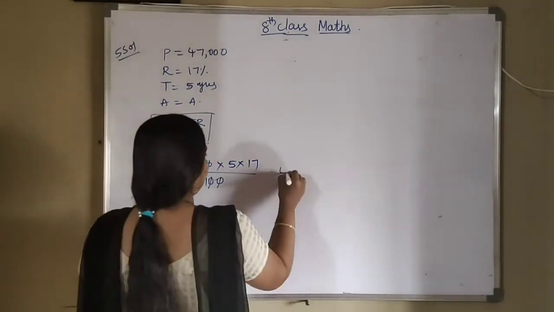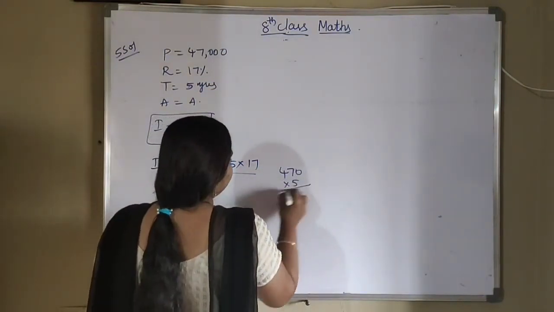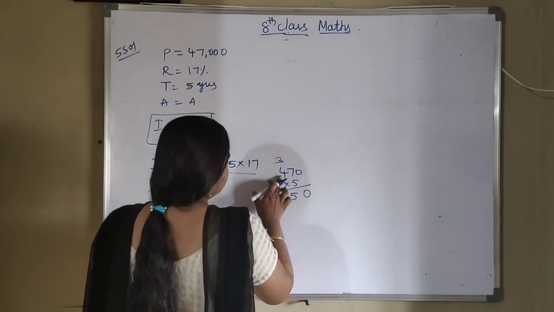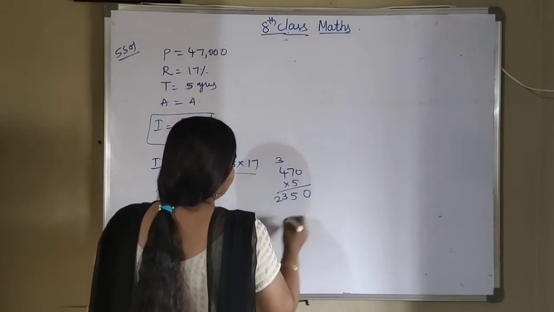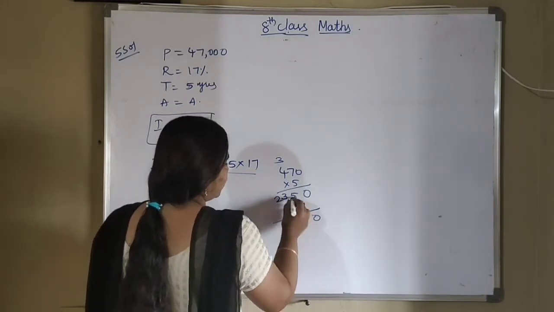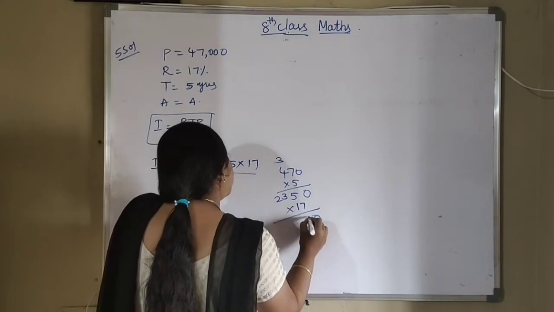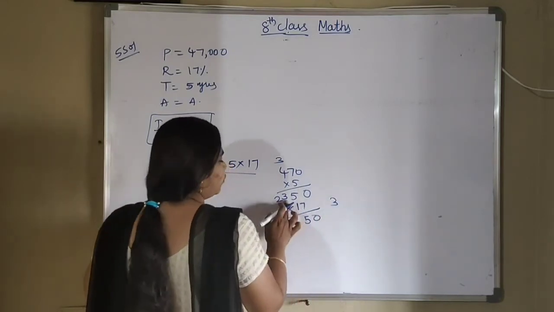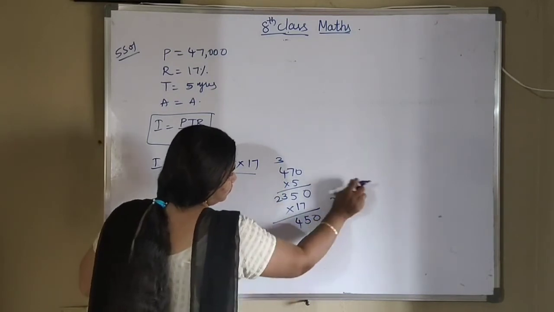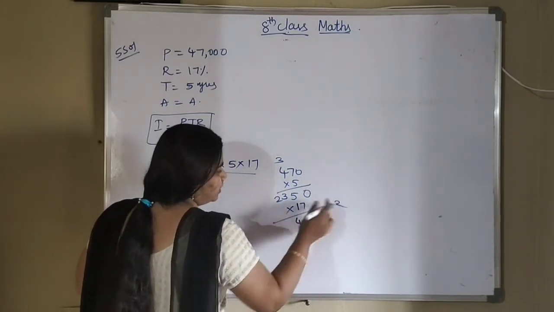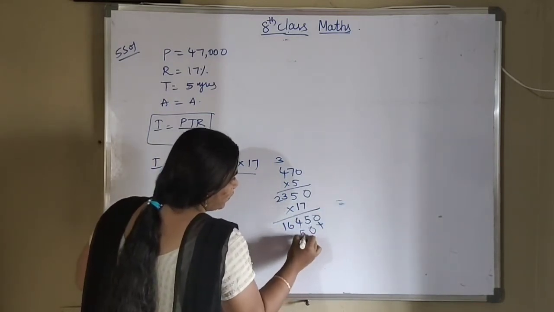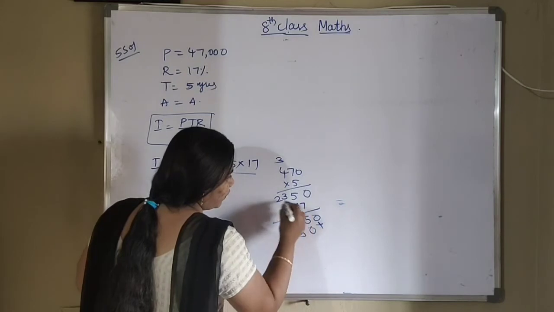So what is the remaining value? 470 into 5. 5 zeros are 0. 5 sevens are 35. 5 fours are 20, 23. Okay, so into 17 we have to do. 7 zeros are 0. 7 fives are 35. 7 threes are 21. 21 plus 3 is 24. 7 twos are 14, 16. 1 zeros are 0, 1 fives are 5, 1 threes are 3 and 1 twos are 2.